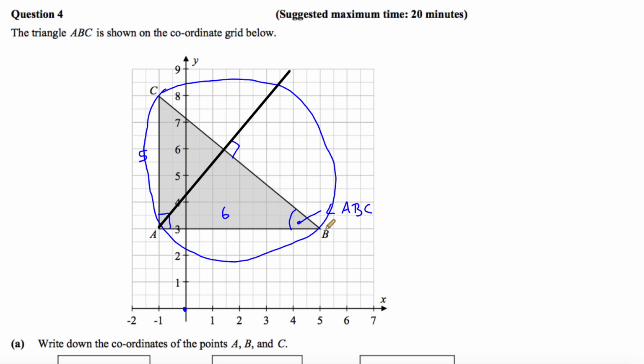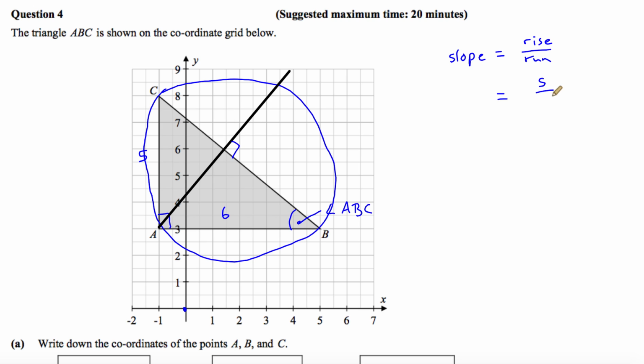We know that the slope of the line BC, you can use the slope formula here, but I'm just going to do it from the diagram. The slope is the rise over the run. From B to C the rise is 5, and the run is from B to A, which is 6.